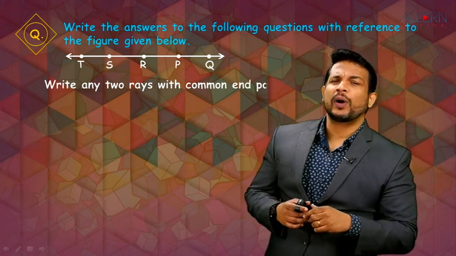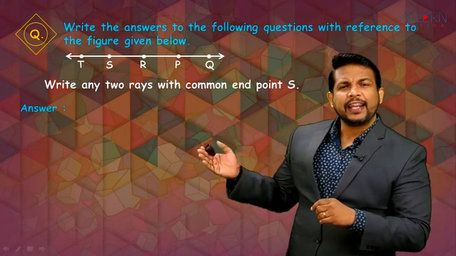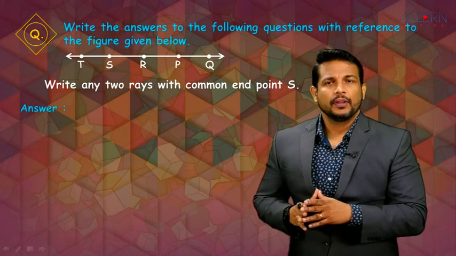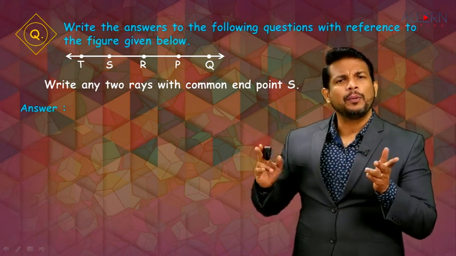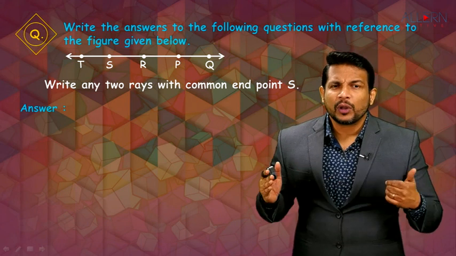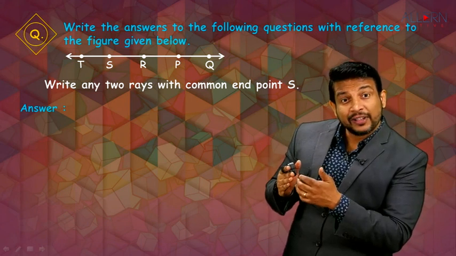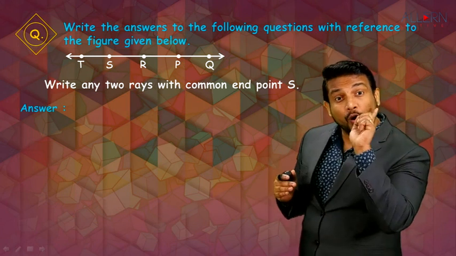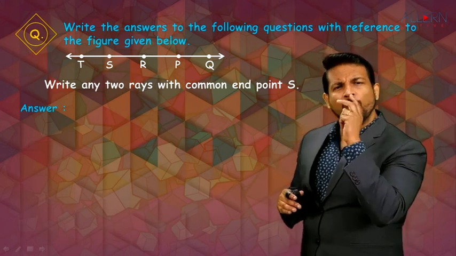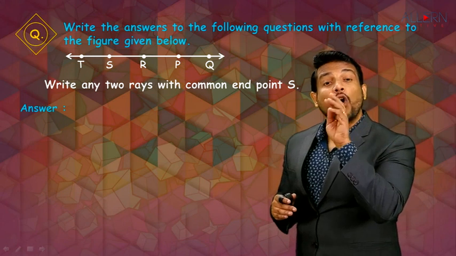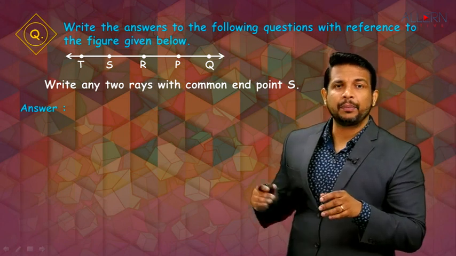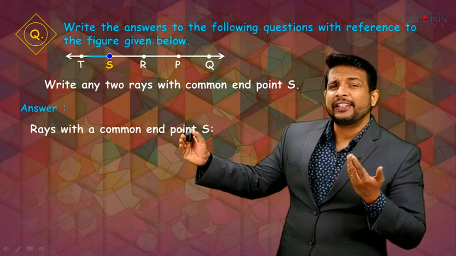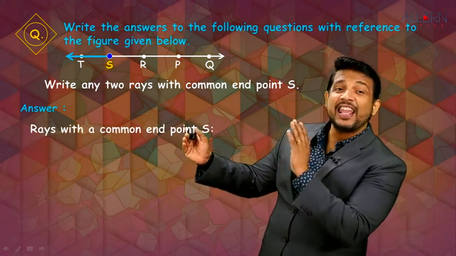Let's look at the next one. It says write any two rays with common endpoint S. Now this is interesting. When we talk about a ray, the endpoint is called the origin. So endpoint here refers to the origin. We want two rays with a common origin S. One ray starts from S, moving in one direction, let's say in the direction of T. What is that?